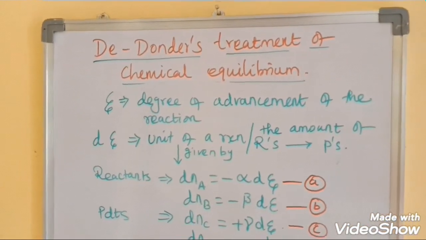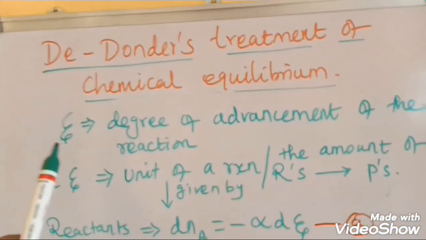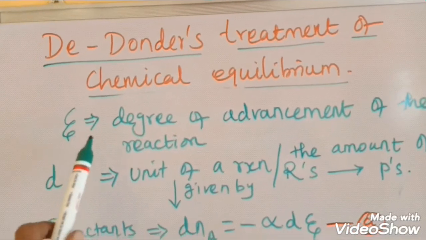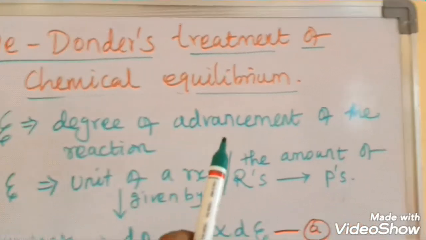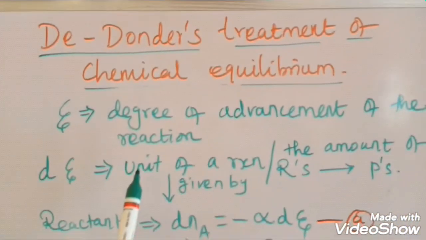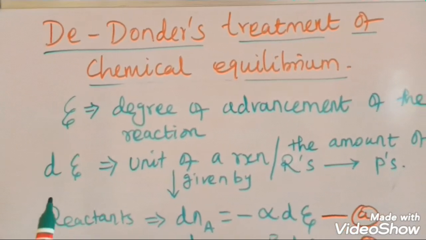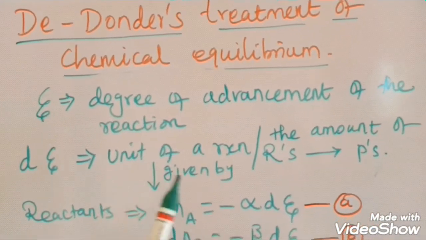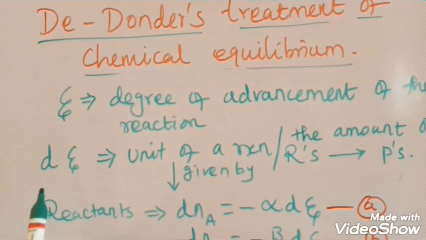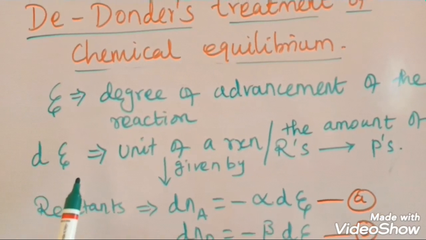This epsilon value is actually the degree of advancement of the reaction. d epsilon means the change in reactant or product; we simply denote it as d epsilon.